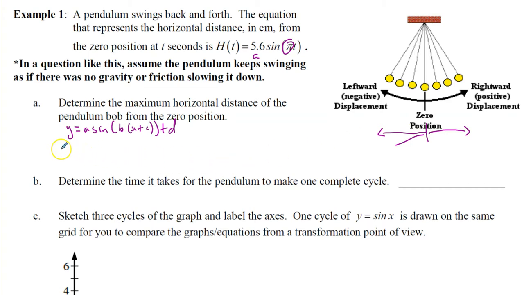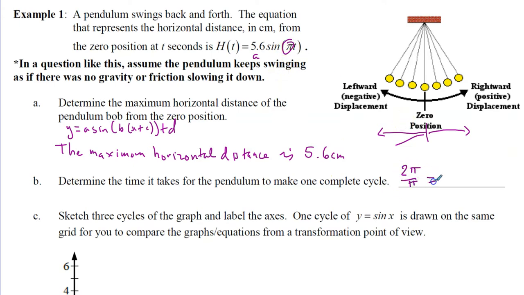So the maximum horizontal distance is 5.6 centimeters. The period is 2 pi divided by b. b is pi, so 2 pi divided by pi is 2, and that's in seconds. So 2 seconds.